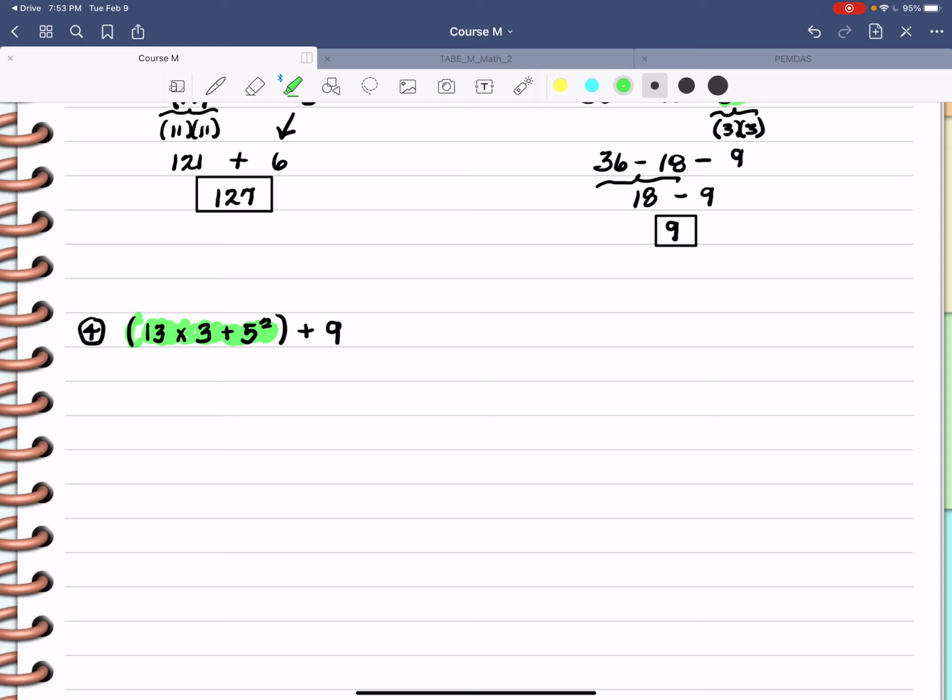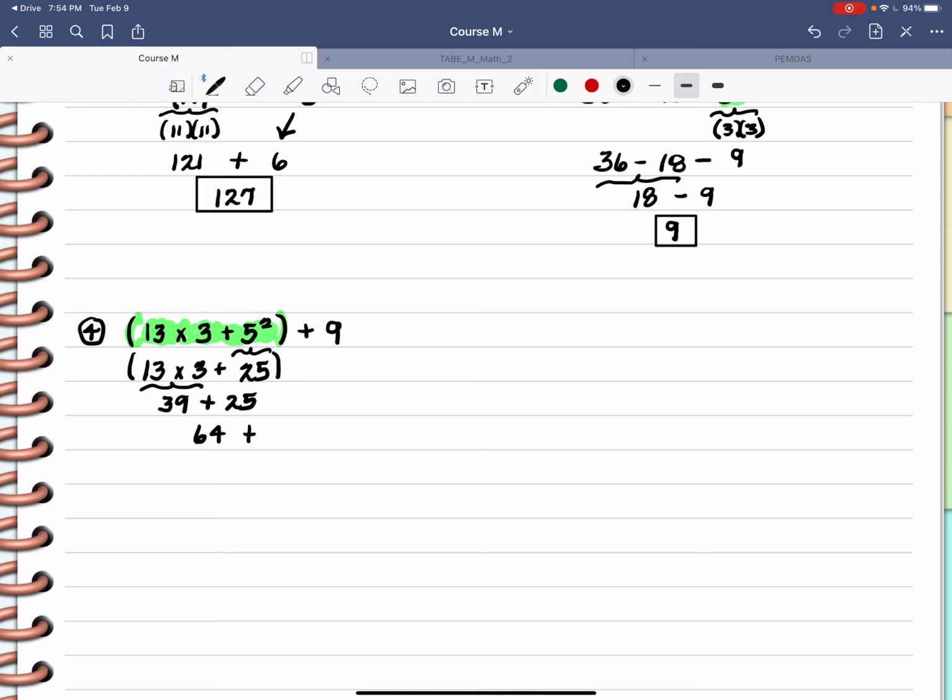And inside there, we have actually an exponent that has to come first. 5 5s are 25. And then we have 13 times 3 plus 25. Multiply before you add. So 13 times 3 is 39. And then add 25. And finally, I can drop my parentheses when I get 64.